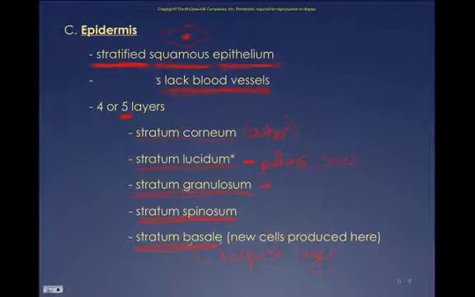And these cells are constantly undergoing mitosis and producing the cells, okay, that will eventually be pushed up to become the stratum spinosum, stratum granulosum. In the palms and soles of your feet, they would be pushed up into the stratum lucidum, and eventually the stratum corneum, and then be sloughed off, okay? And as those outer cells are sloughed off, no big deal, right? Because we are constantly producing new cells at the stratum basale.